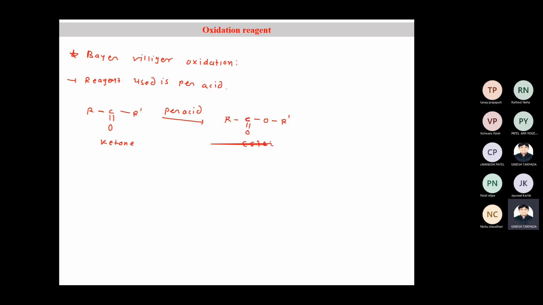Here nucleophilic migration is there. The group which is migrated, migrates by taking an electron pair.